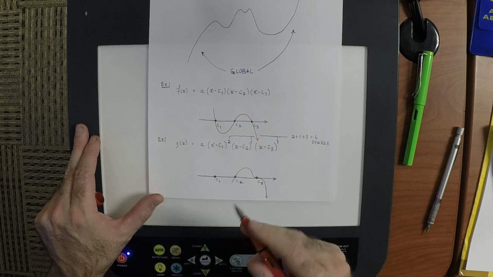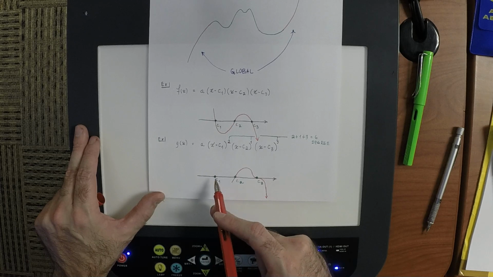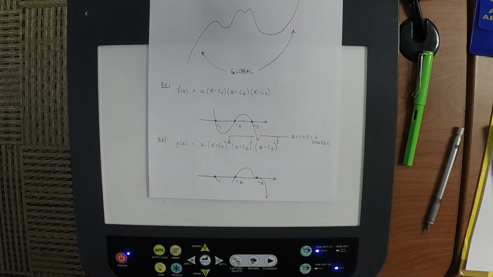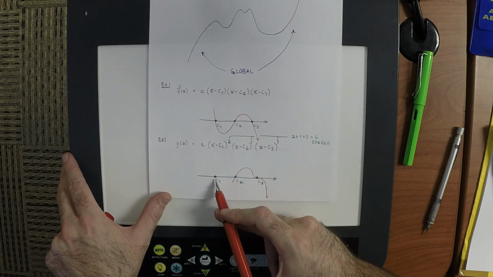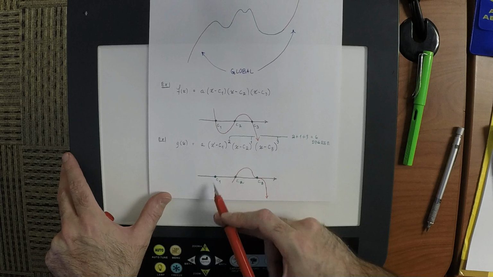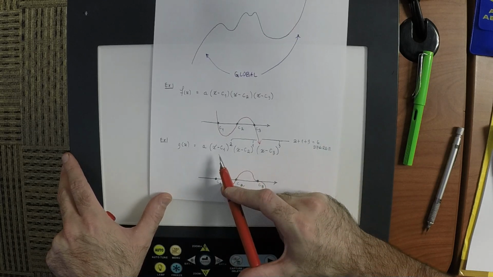Okay, so now the curve has got to bend to reach this last zero, so we're going to have to go back up. And then the question is what are we going to do when we get there? How are we going to interact with this zero? Okay, so you have to consult the formula here. So what's the degree here?